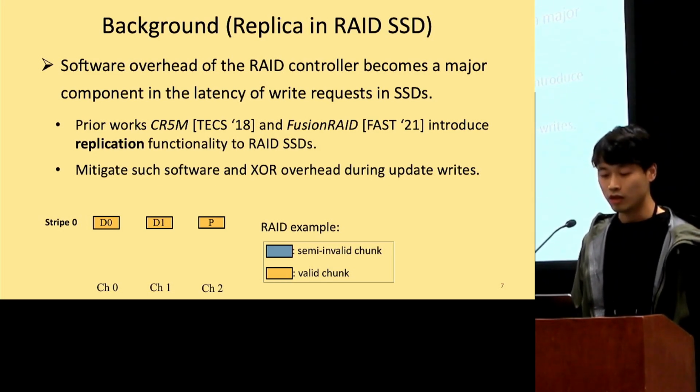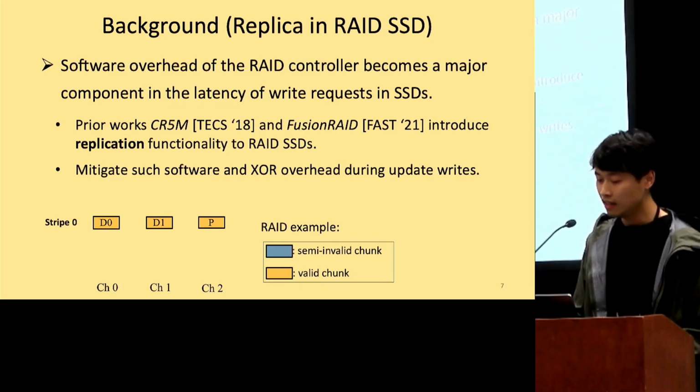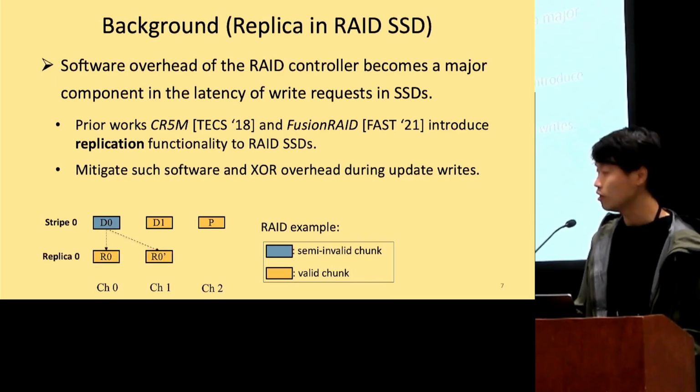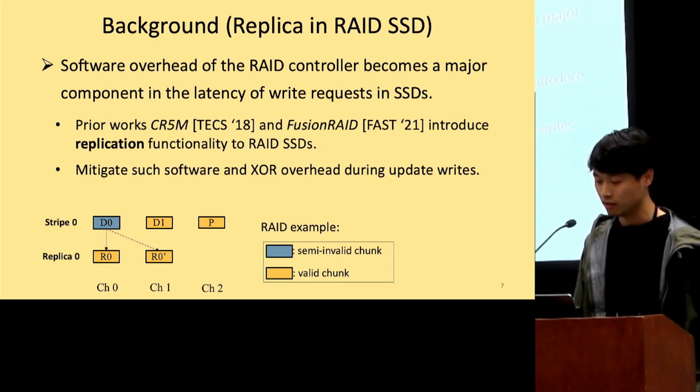When D0 is updated, instead of writing the new content and recomputing the parity chunk, the 2 replicas, R0 and R0 prime, will be distributed in different channels. These 2 data are mirror data. Thus, it can cut down the software and XOR overhead when D0 updates.